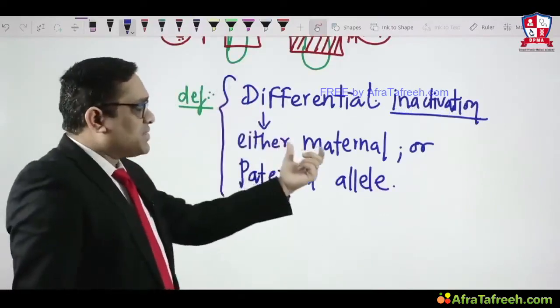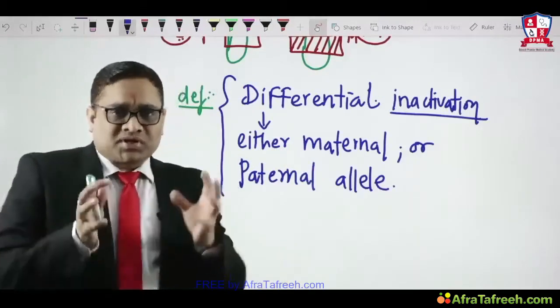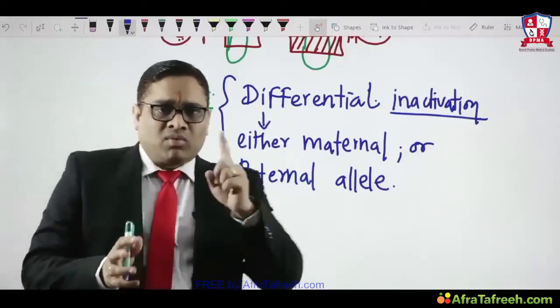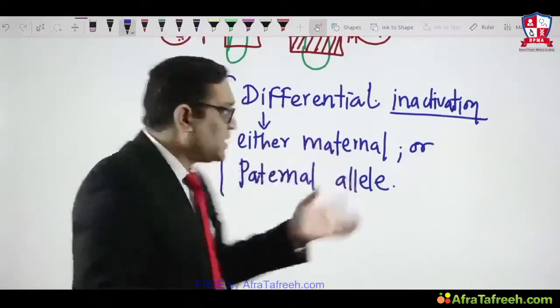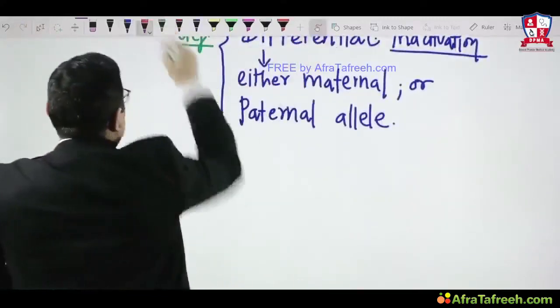Differential inactivation of either maternal or paternal allele, or in simple words we can understand, a functional allele will be inherited from one parent only. This is another simple definition we have to keep in mind.